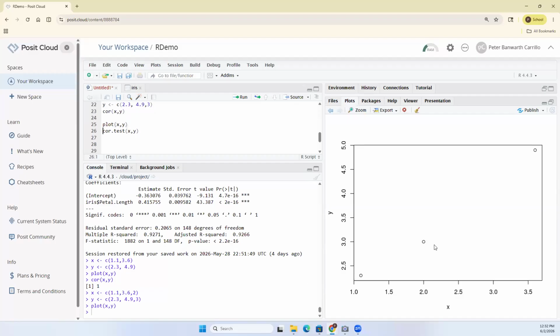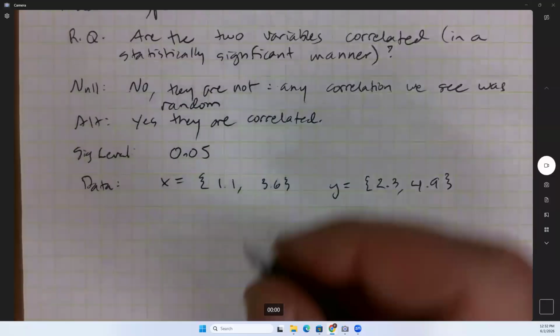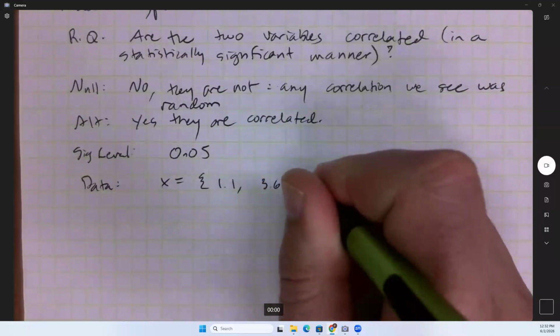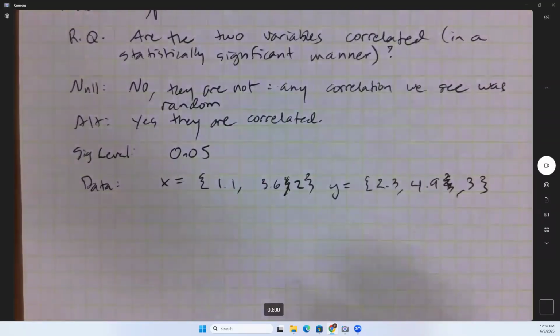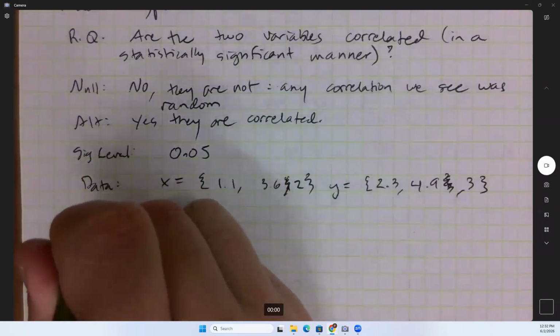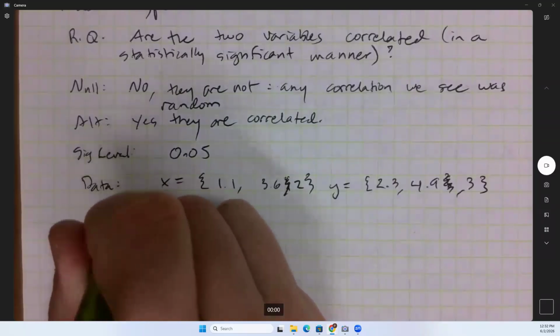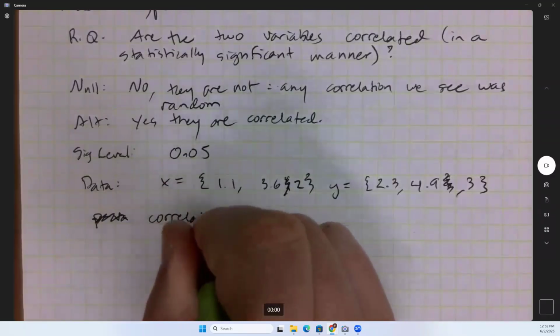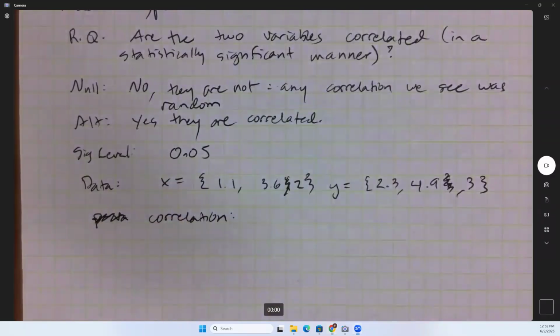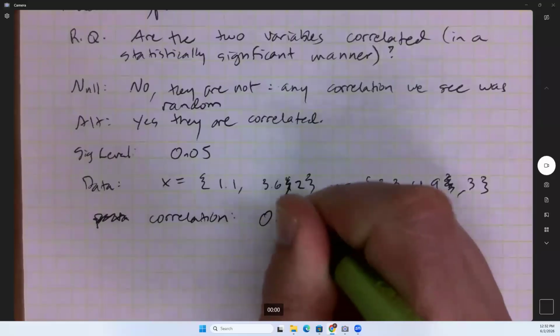So there's our third point of data. X is 2 and Y was 3. And then we do our summary statistic next, which is a correlation. The correlation of these two variables was 0.99.